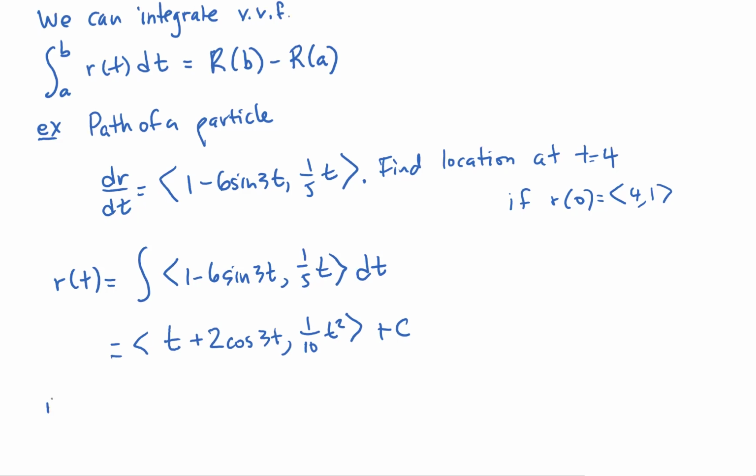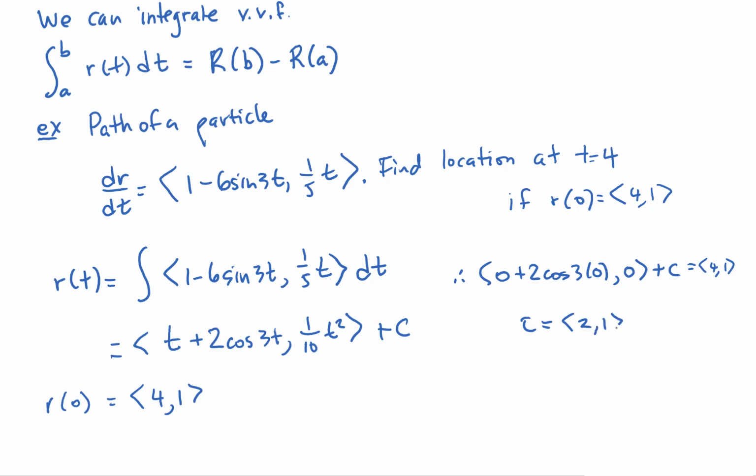I have r of 0 is 4, 1, so I can set up the first piece. I can therefore know that the vector 0 plus 2 cosine of 3 times 0, comma, 0 plus some c is equal to this 4, 1, so at the initial condition. And I can solve this to get my c is the vector 2, 1.